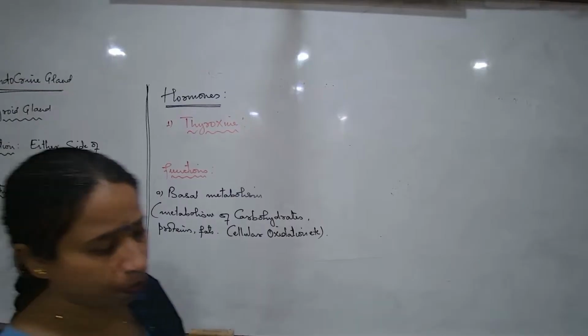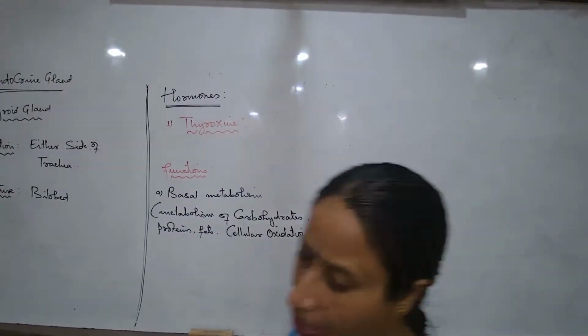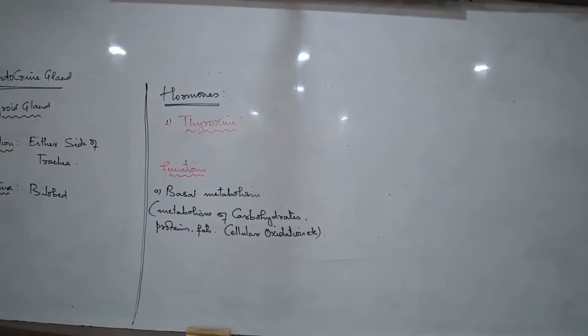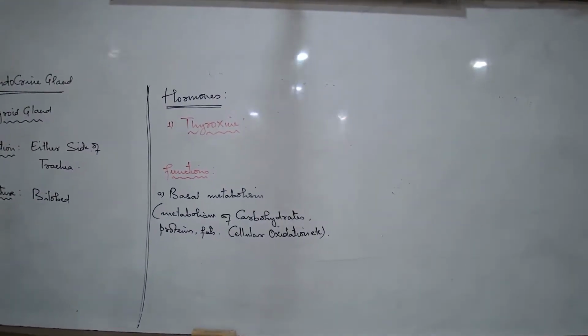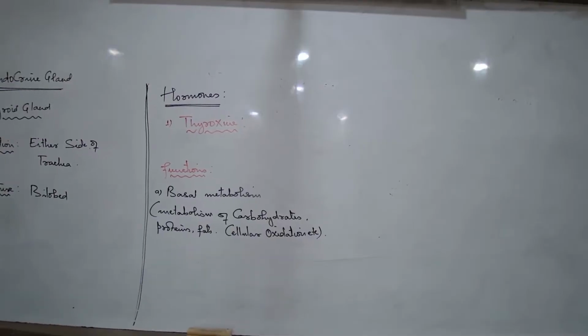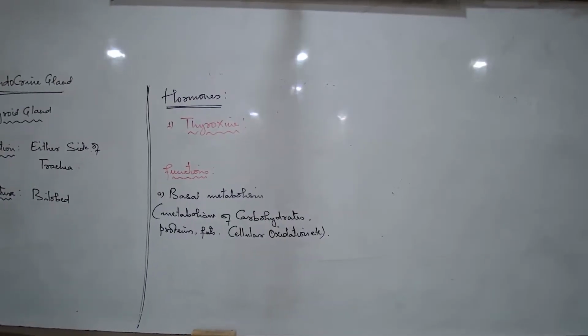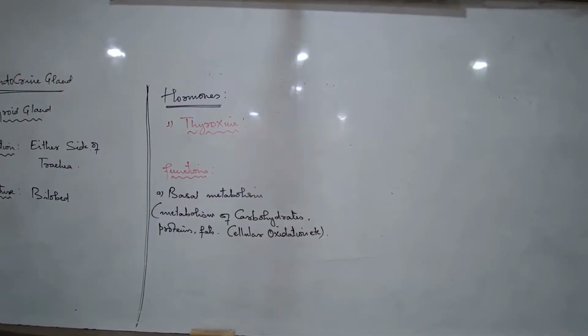That is cellular respiration. These are the basic concepts in respiration that you have studied. So now that I talk about hormone thyroxine, thyroxine helps in this process also. The ready breakdown of the glucose and the release of the carbon dioxide and energy, that is also a function of thyroxine.